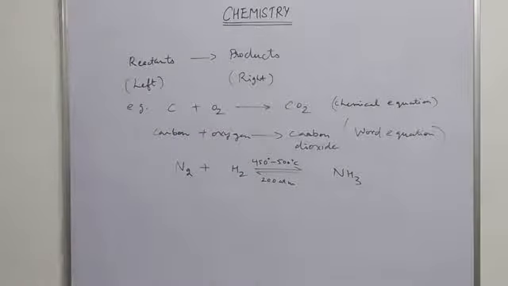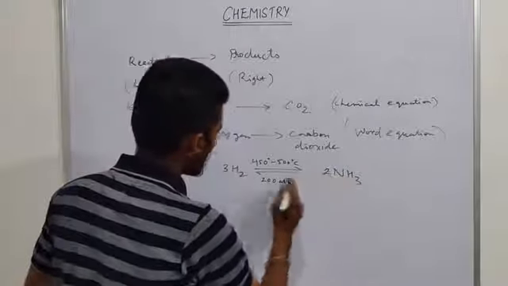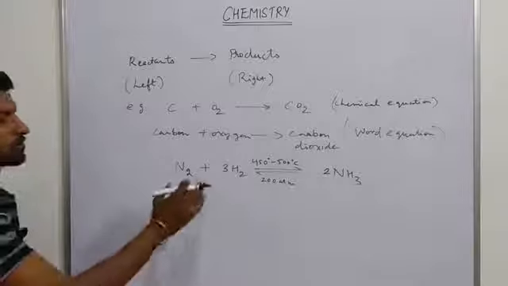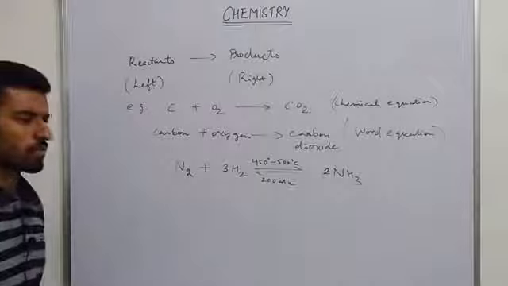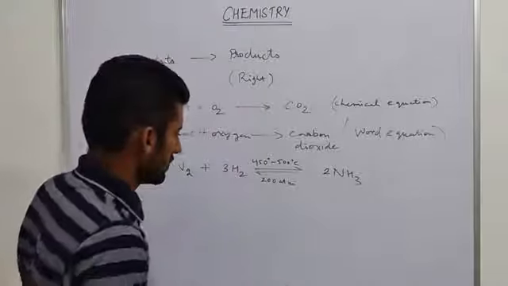Now in a particular equation, here 3 and 2 I had written for balancing it. Always remember the equation should be balanced. Why? Because mass is never destroyed nor created by any other means, only the form is changed.